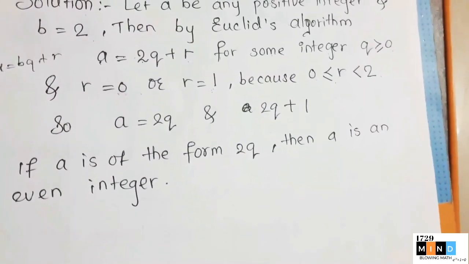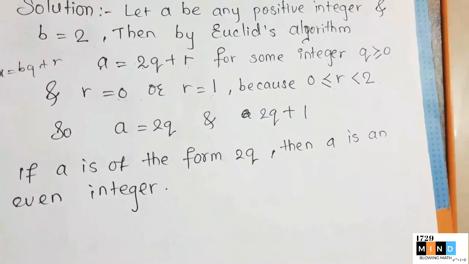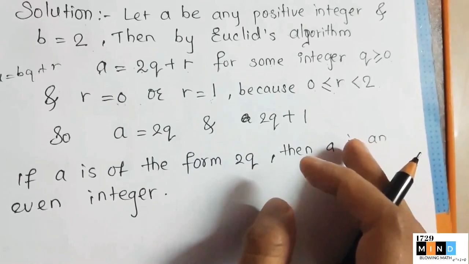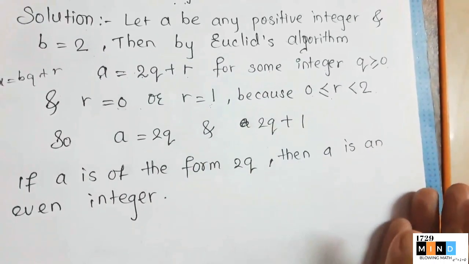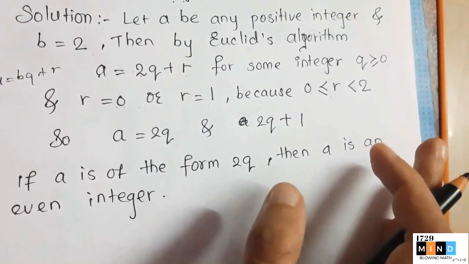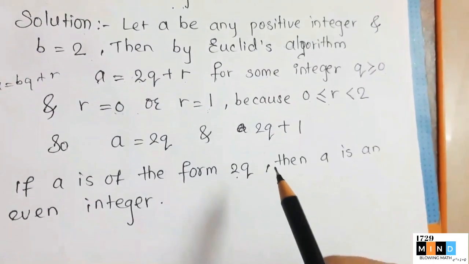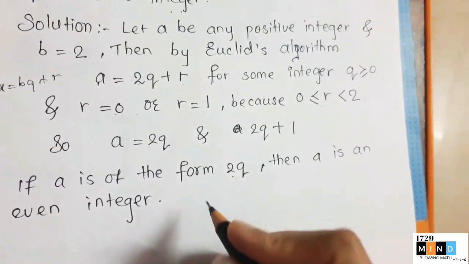We know that Euclid's division lemma can be performed only for positive integers. So for a positive integer, the even integer will be 2q, and the odd integer will be 2q plus 1.